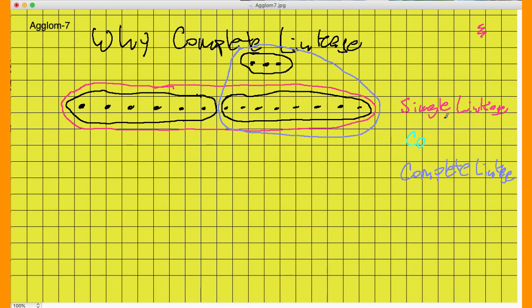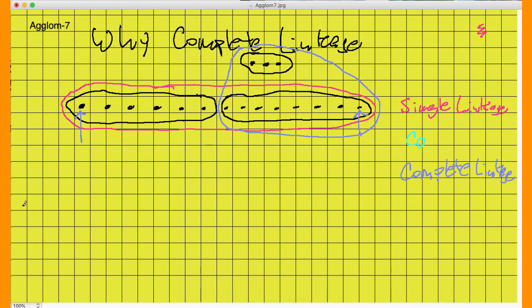Suppose I did single linkage. That would suggest that this point right over here and this point right over here are similar. And if our similarity is based on distance, we can see that these really aren't that similar at all. Whereas if we take a look over here at this cluster using complete linkage, there seems to be much more similarity between all of the points in there.